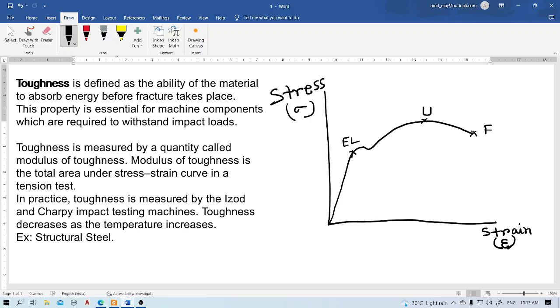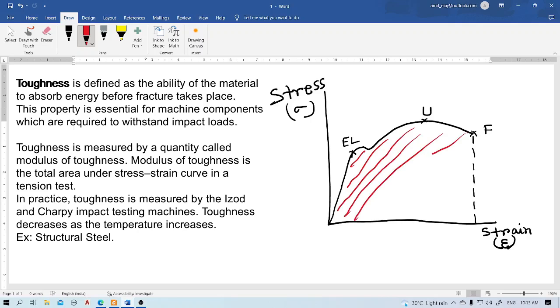Now if I draw a vertical line from the fracture point, this total area under the stress strain diagram up to the fracture point is called modulus of toughness.